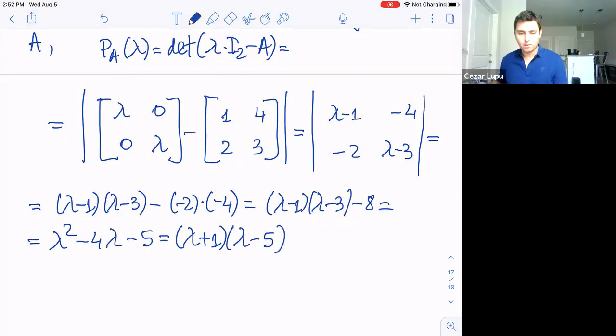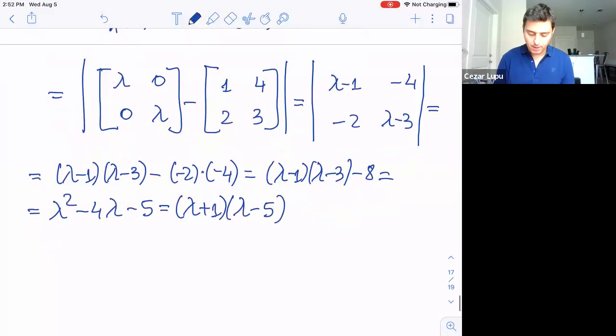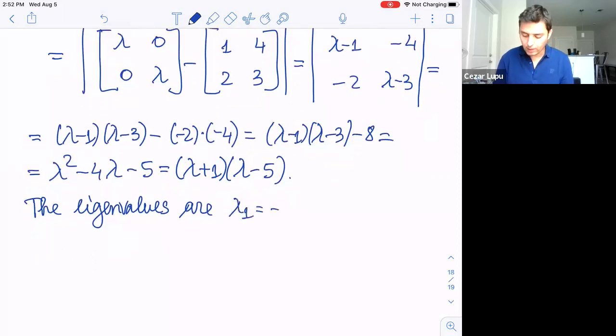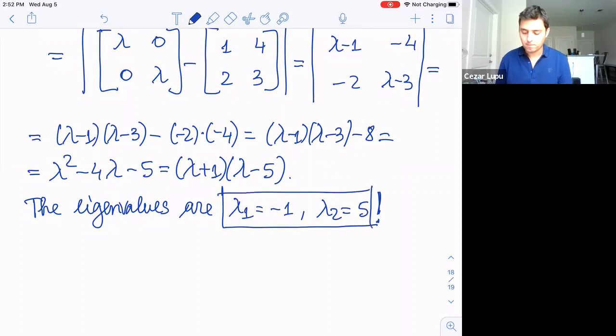And yes, just like Kobe said, this implies that the eigenvalues are lambda 1 equals -1 and lambda 2 equals 5. These are the eigenvalues.